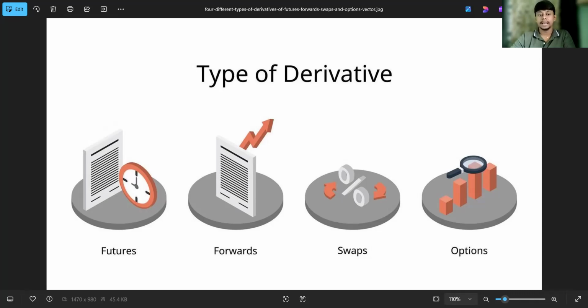And reason three is comparative advantage. Sometimes Company A can borrow at fixed rates more cheaply, while Company B can borrow at floating rates more cheaply. Even if each secretly wants the other type of rate, a swap lets both borrow in the market where they get the best deal, then trade to get the exposure they actually wanted.